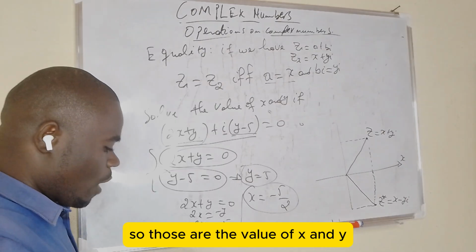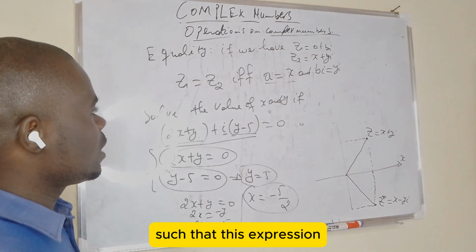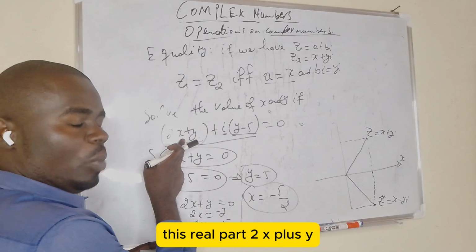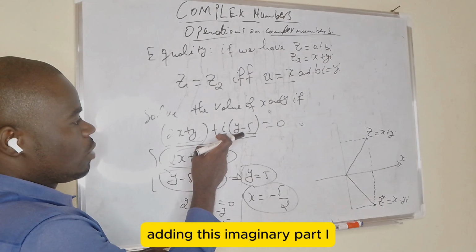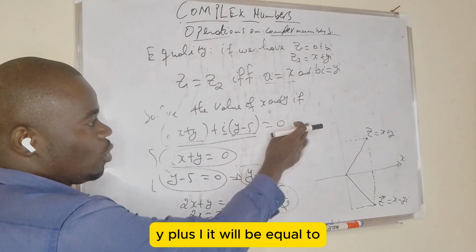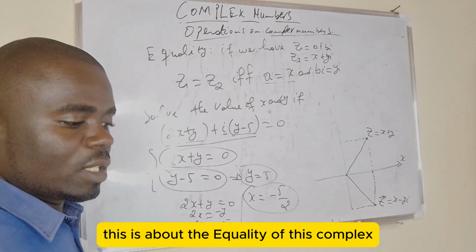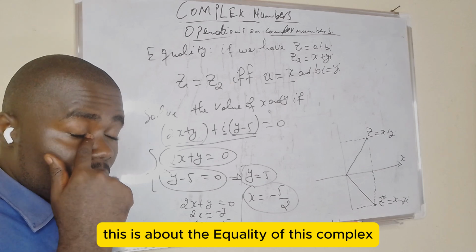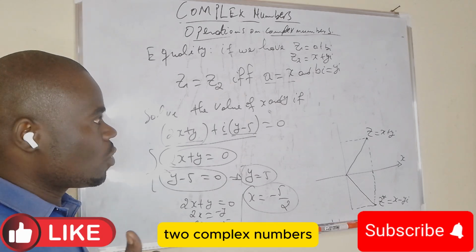Those are the values of x and y such that the real part, 2x plus y, added to the imaginary part, y minus 5, will be equal to 0. This is about the equality of these two complex numbers.